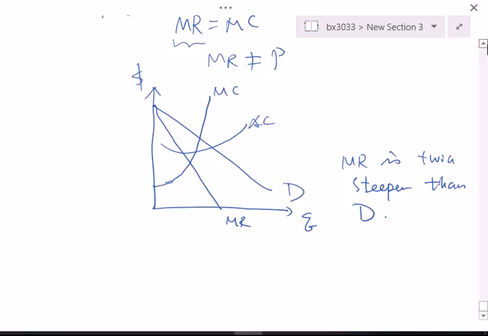Again, think in terms of margins. So for the first unit, the actual cost is this many. The actual revenue, if I produce just 1 unit, the extra revenue, is this many. Go from unit 1 up to the marginal revenue curve. That's the marginal revenue, compared with marginal cost.